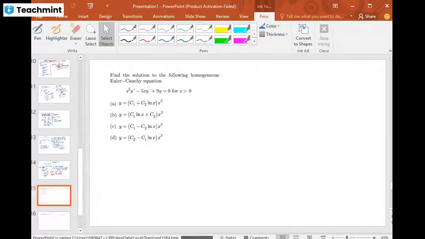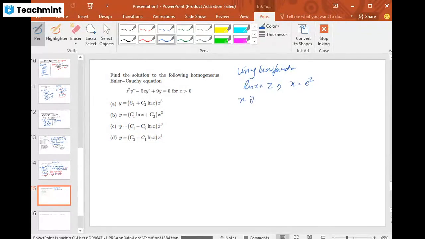Now again, it is the problem of the constant coefficient. Here again the power of x and the order of derivative is same, so we are using the transformation. Log of x equal to z or x equal to e power z.